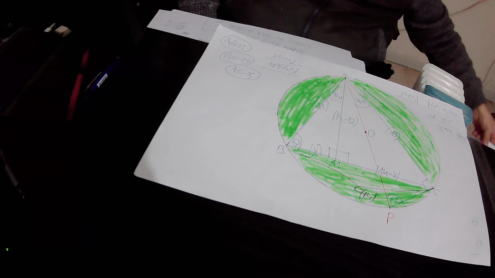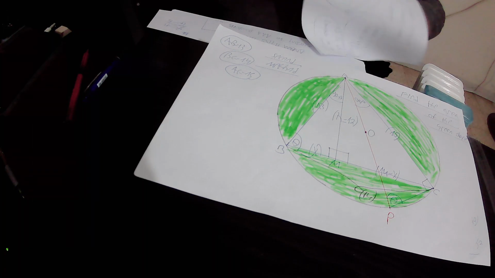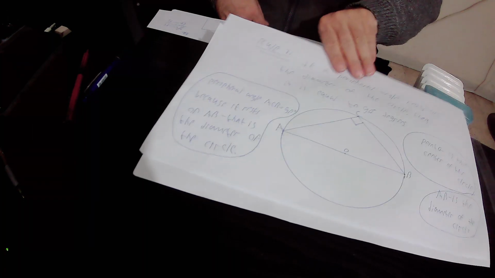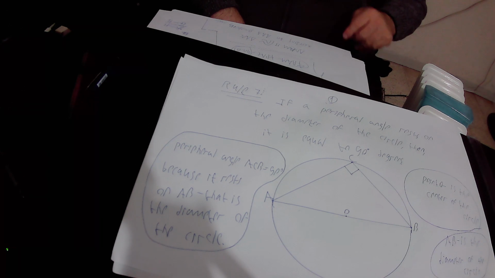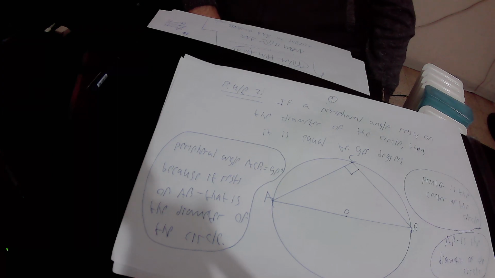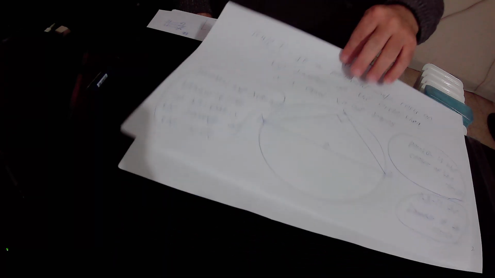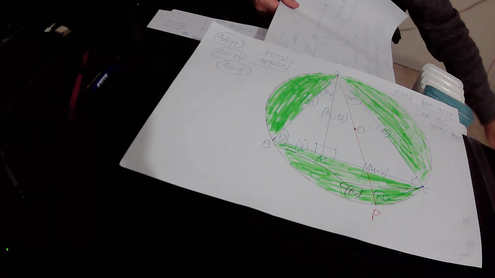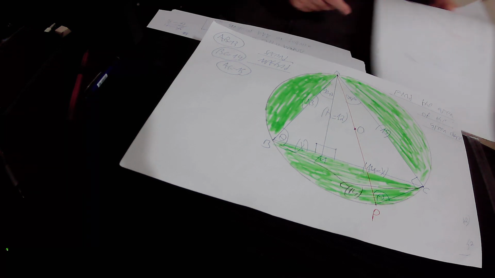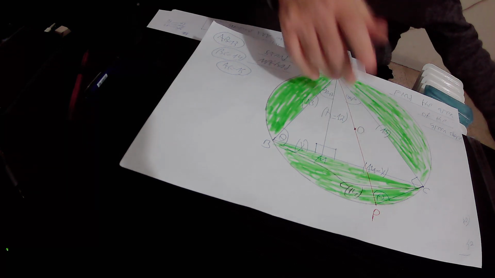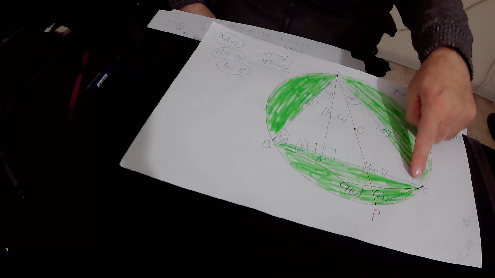Okay, again, this is actually rule number 7. According to rule number 7, if a peripheral angle rests on the diameter of the circle, it is equal to 90 degrees. Therefore, this peripheral angle ACP that rests on AP, that is the diameter of the circle, must be equal to 90 degrees.